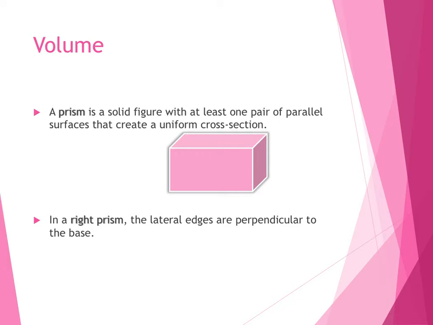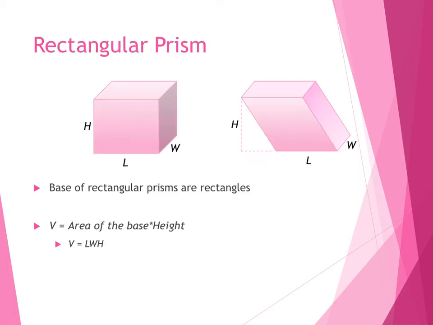A prism is a solid figure with at least one pair of parallel surfaces that create a uniform cross-section. In a right prism, the lateral edges are perpendicular to the base. So here you actually see a rectangular prism where the edges are all perpendicular. Here you can see two different rectangular prisms.